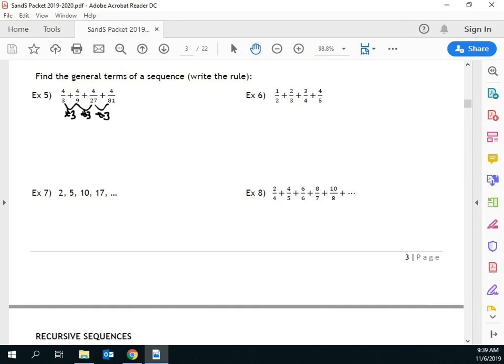So for multiplying, we're looking at the equation I just showed you. And let's use that. So a sub n is equal to, what is our first term? 3. What's our first term? 4/3. I know I said keep it separate.